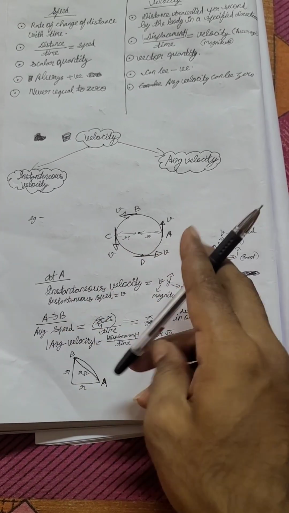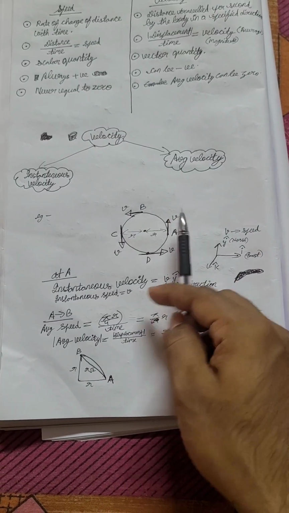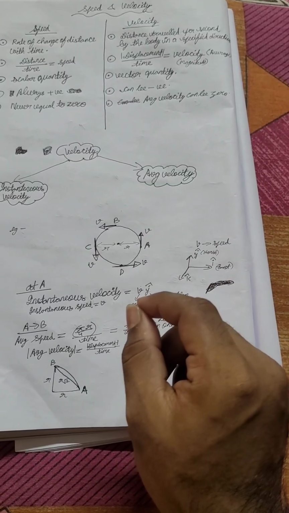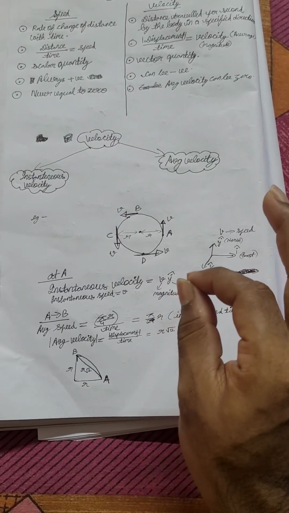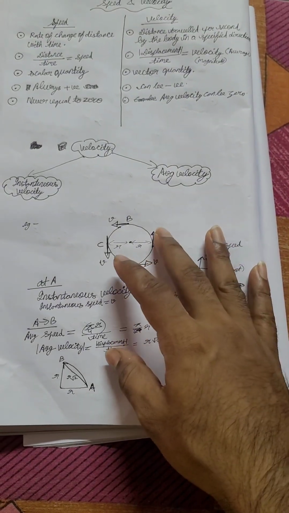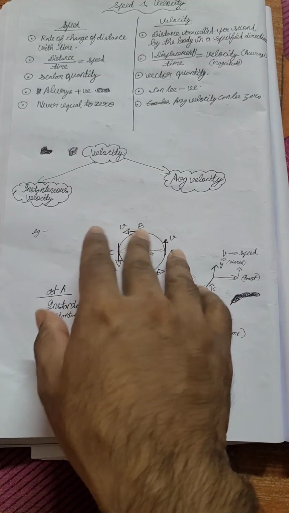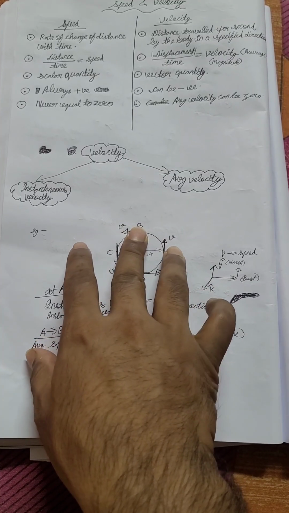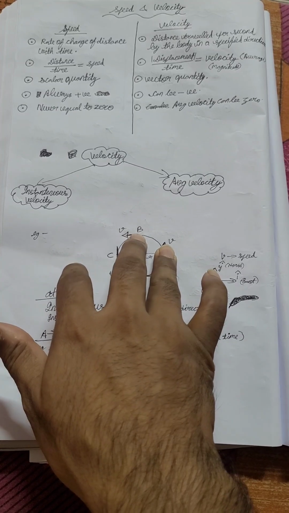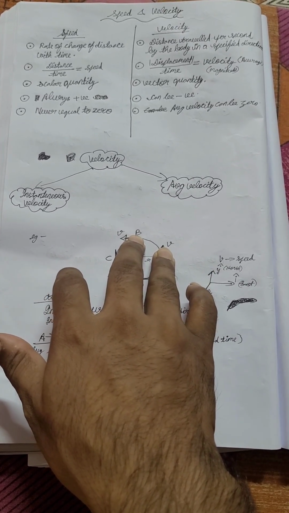At A, we are taking instantaneous speed as v, and it is constant. Instantaneous speed means the speed at a point. Instantaneous speed and average speed differ: if we move from A to B, there are two velocities. If we take the velocity at A, it will differ from B because the magnitude is the same, but the directions are not the same.